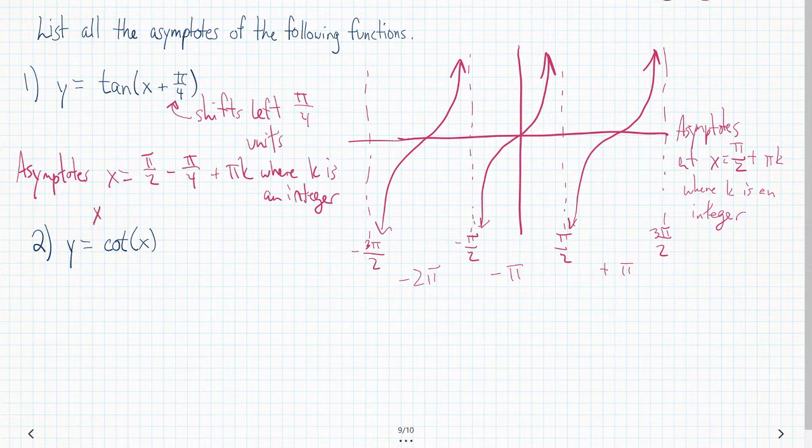So that means x equals pi over 2 minus pi over 4. You can write this as 2 pi over 4. So 2 pi over 4 minus pi over 4 leaves us with 1 pi over 4. So pi over 4 plus pi k, where k is an integer.